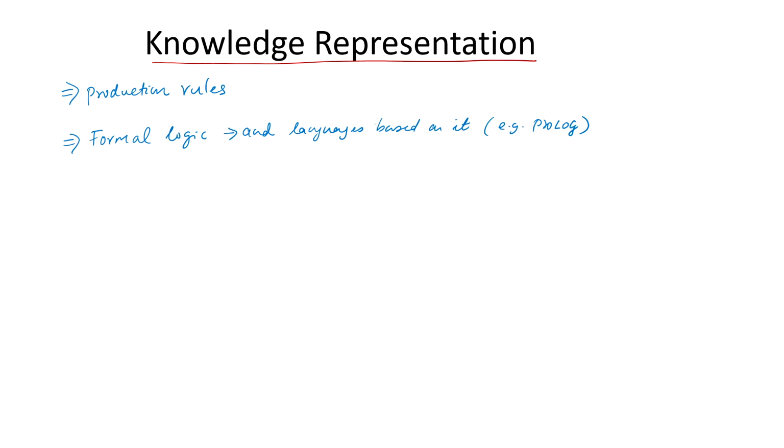So, formally represent the logic, or use a language like Prolog to do that. And then the third one is what you call structured objects. We are not going to go through all of these, but these are different ways you can do it. Of the structured objects, you have one called semantic nets, or semantic networks.